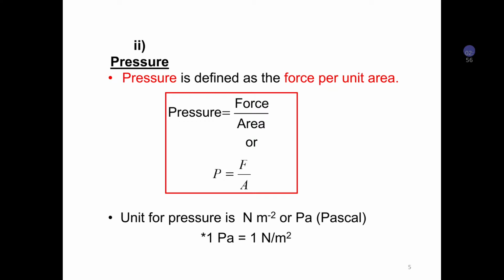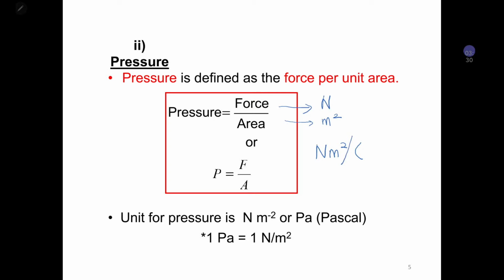Okay, now you know how to calculate the density of an object. Now, how do you calculate the pressure? Pressure is defined as the force per unit area. We know that the unit for force is Newton, and the unit for area is meter square, so the unit for pressure will become Newton per meter square.